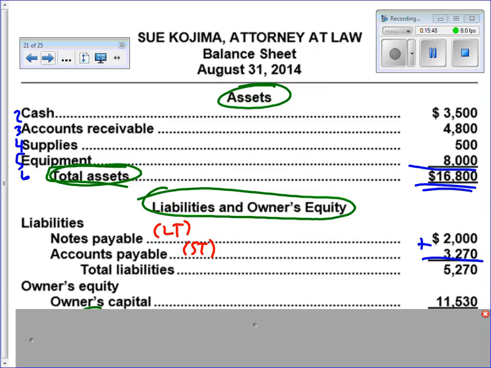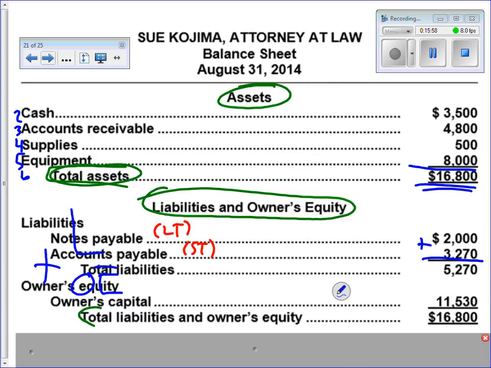But in the accounting equation, it's liabilities plus owner's equity. So we're going to take the total liabilities plus that total owner's equity to get at our bottom number. And this is where they need to equal. Accounting is black and white. It's either right or wrong. And this is where, when you do it on the test, if they don't equal, you've got to start backtracking.